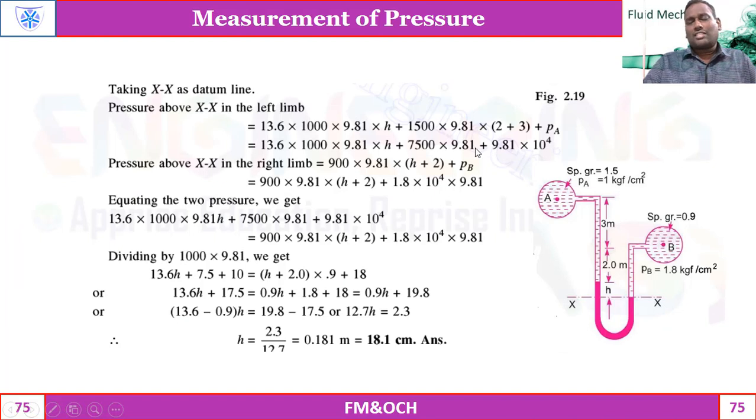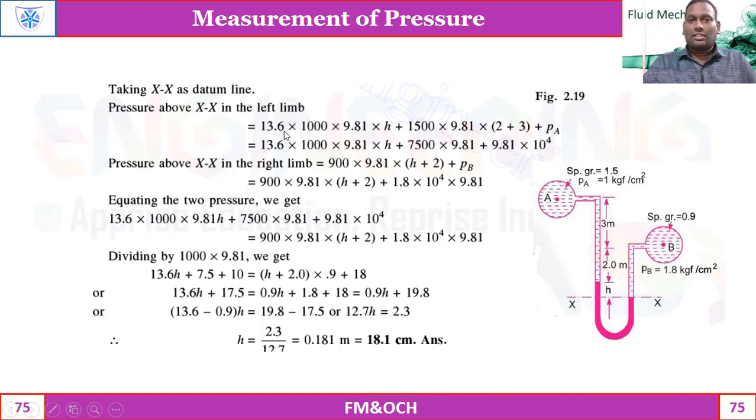Here you see once again, xx is the datum where we must equate the pressures of the left limb and right limb. So what is the pressure above xx in the left limb? We know that there are two liquids.